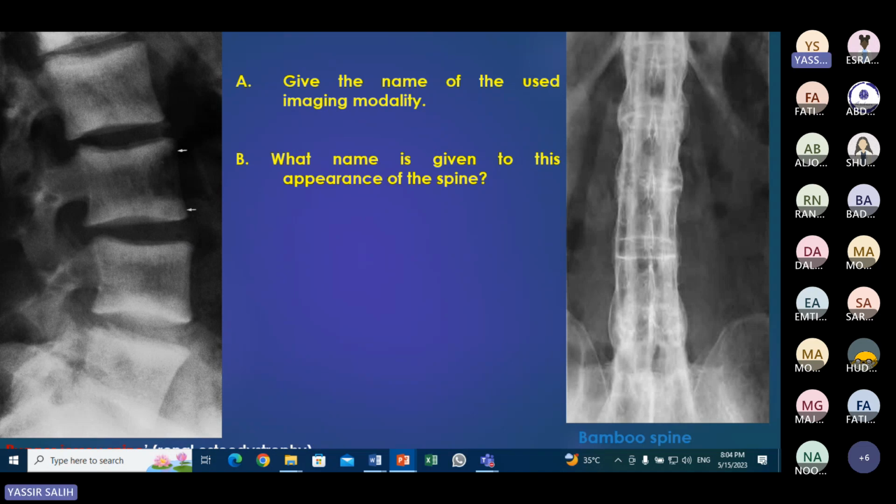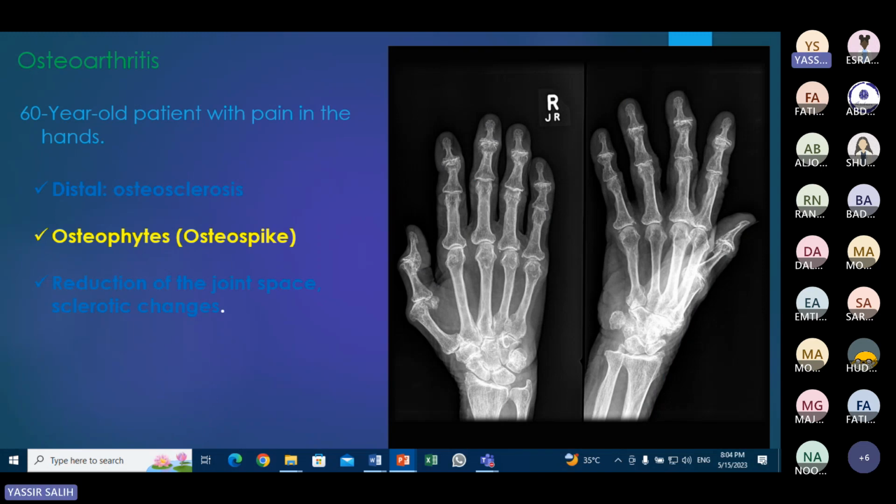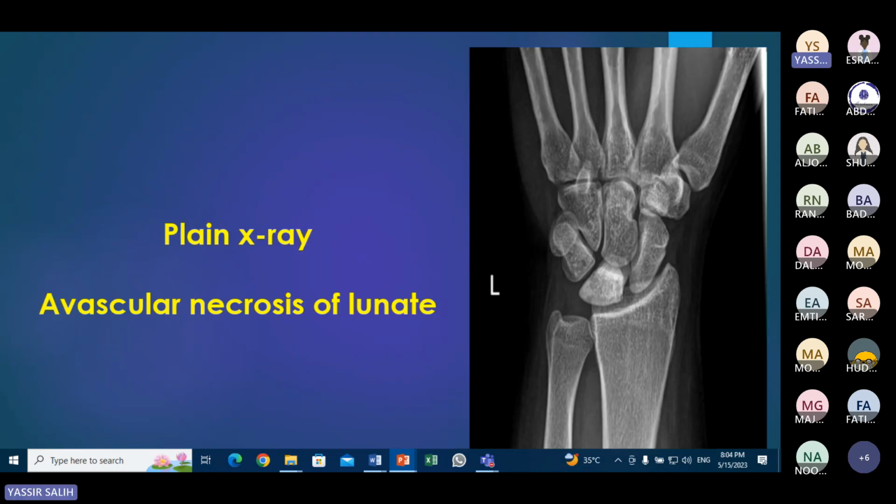What's the real name of this spine? Osteoarthritis. What abnormality do you see? Which bone is abnormal? Compare between the carpal bones.